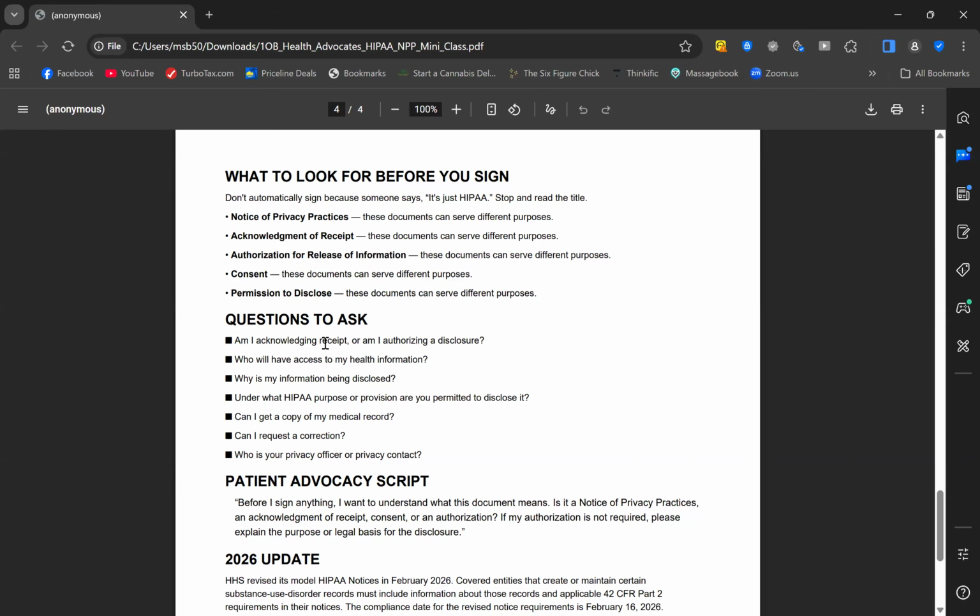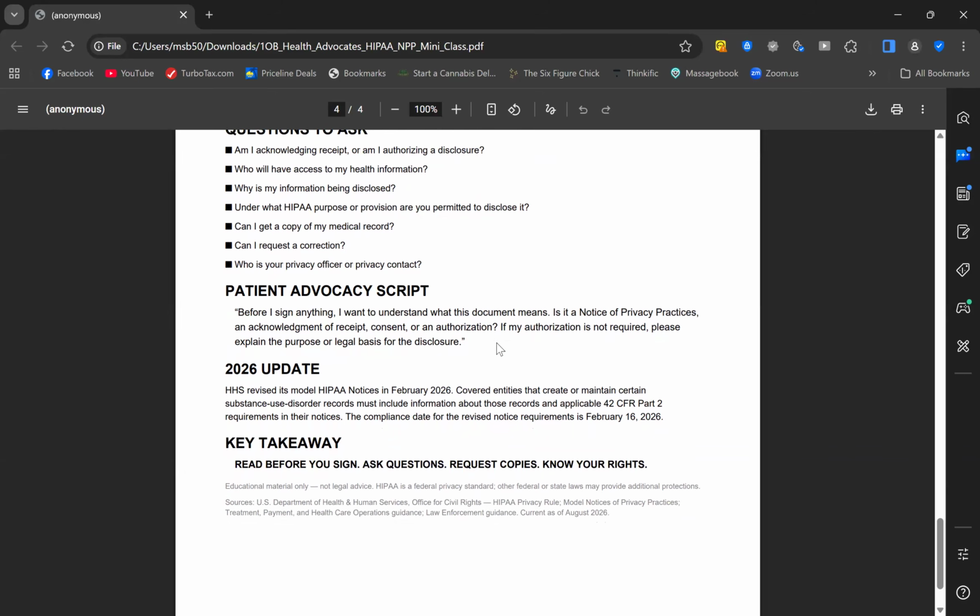Questions that you want to ask. Am I acknowledging receipt or am I authorizing a disclosure? Who will have access to my health information? Why is my information being disclosed? Under what HIPAA purpose or provision are you permitted to disclose, meaning a healthcare provider? Can I get a copy of my medical report?